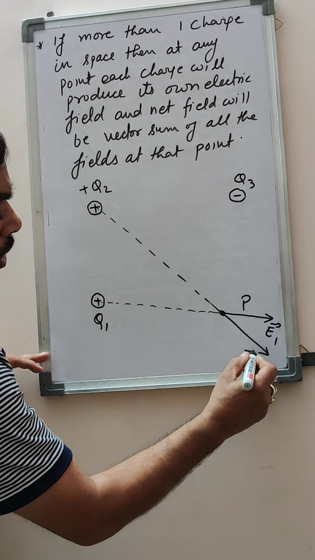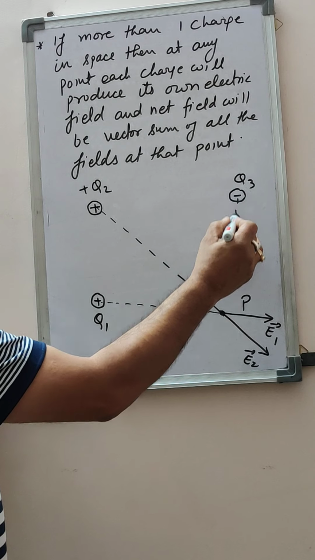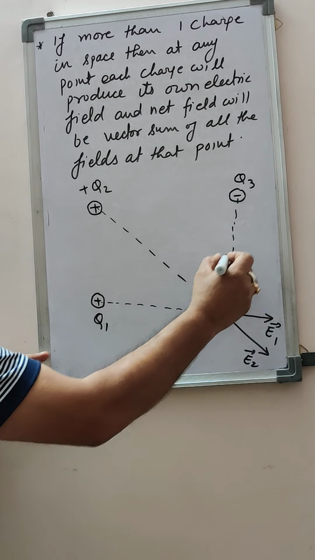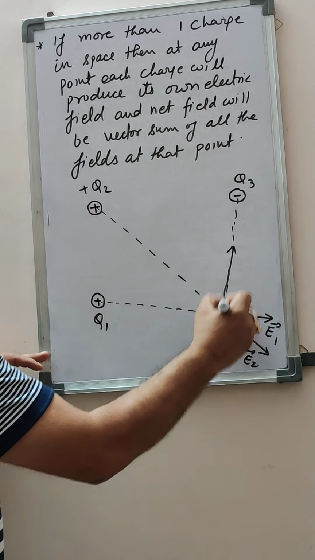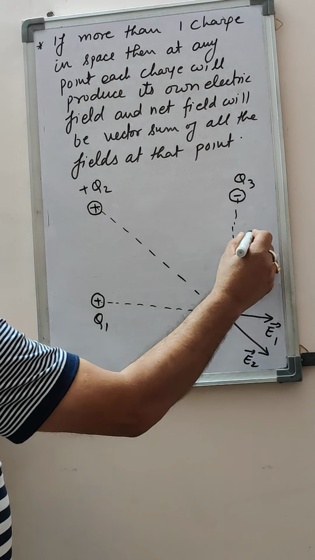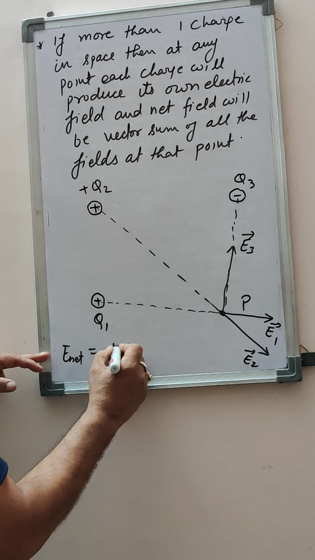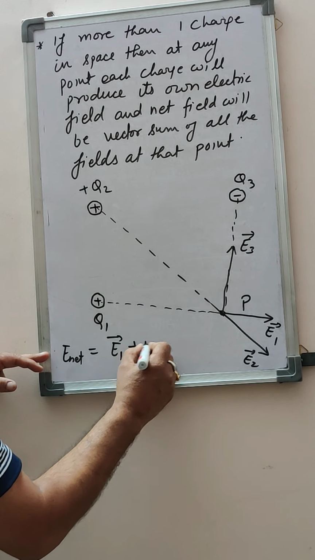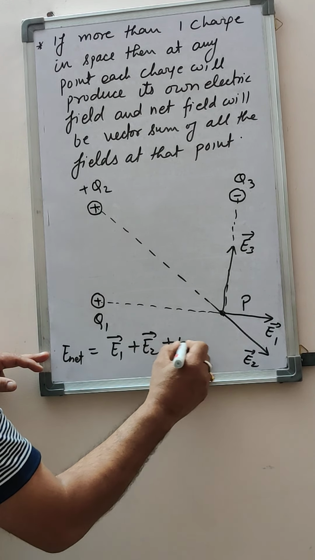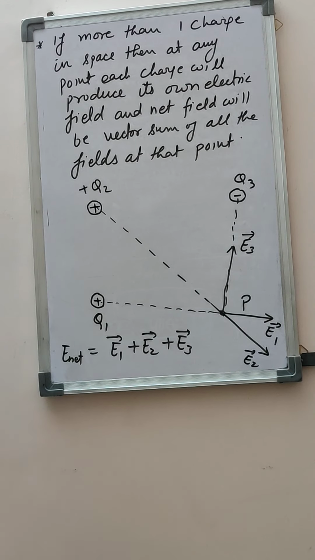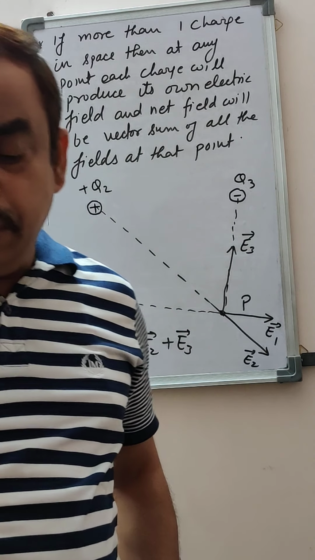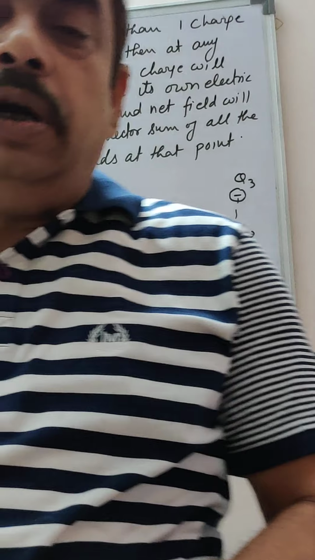The third is a negative charge, so its field will be towards the charge. The net field at P will be vector E1 plus vector E2 plus vector E3. In this way, you will find the net field at point P.